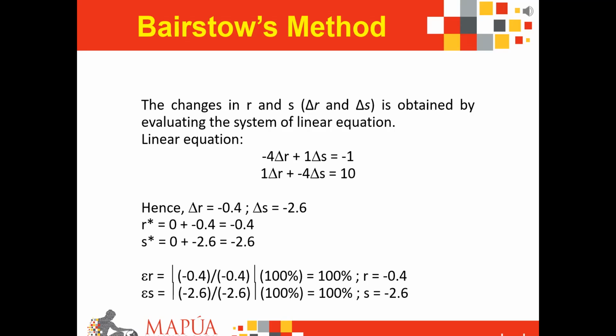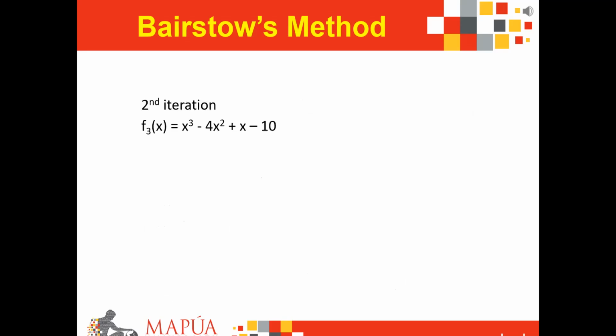I then set this newly computed R, -0.4, as the previous R, and this newly computed value of S, -2.6, as the previous S, and then I repeat the process. The process begins again on your next iteration by applying synthetic division on your given cubic function, thus extracting our coefficients like this.